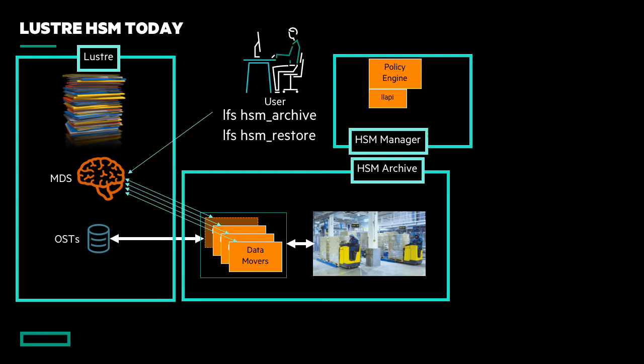But that's not all. What happens most of the time, really, is that users don't actually issue those commands, but really there's some kind of policy engine. Many of you are familiar with Robinhood. Robinhood is a policy engine, and that is the piece that actually truly integrates, issues these commands, and it can issue directly against LFS, or it can call LAPI equivalent commands, but those are the ones that actually get issued to Lustre that then go to the MDS and that then get transferred out back to the data movers.